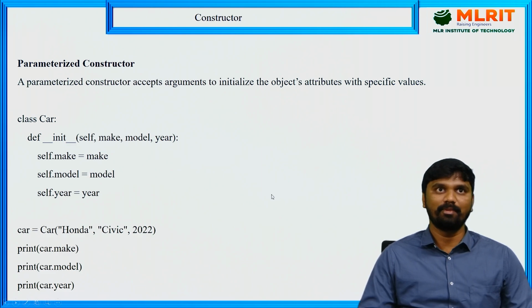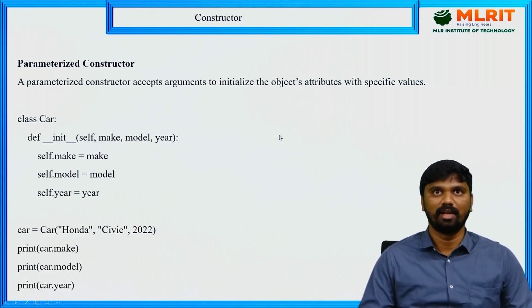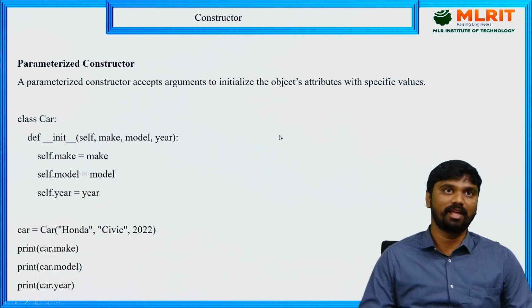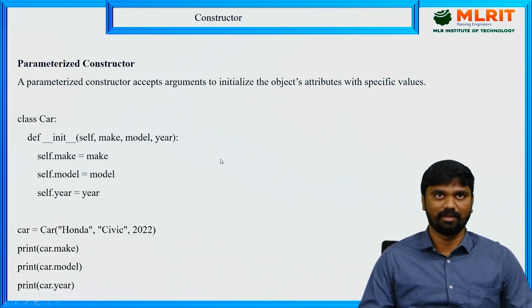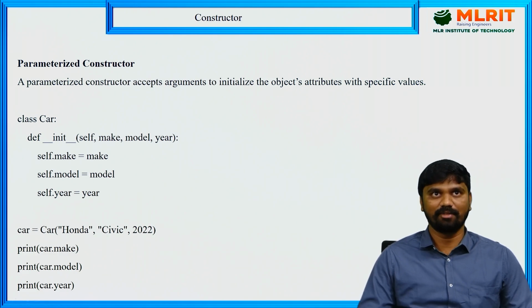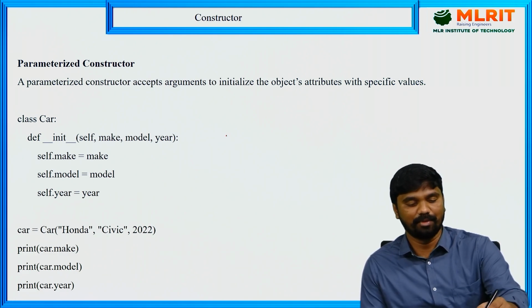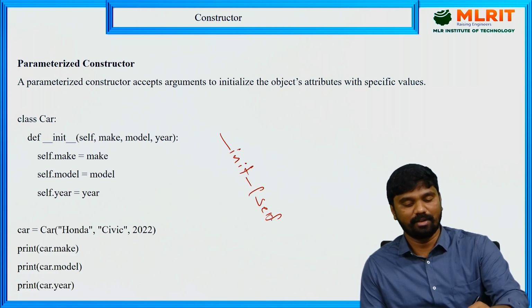A parameterized constructor accepts arguments, that means other than the self parameter or the self argument, that constructor will accept more parameters. For example, double underscore init double underscore self, then we can pass parameters like this.